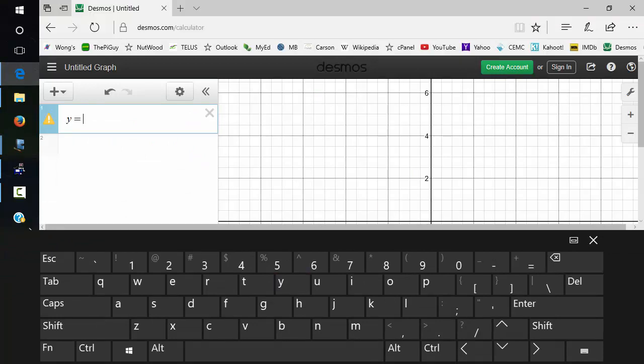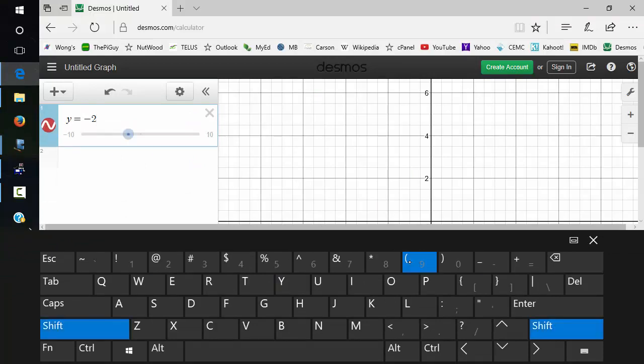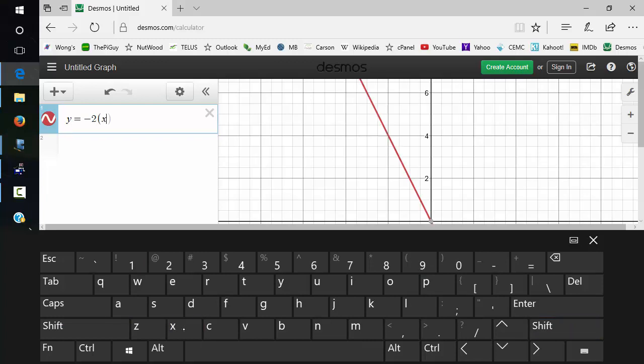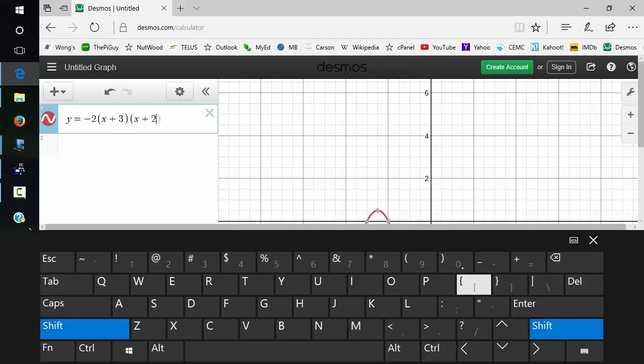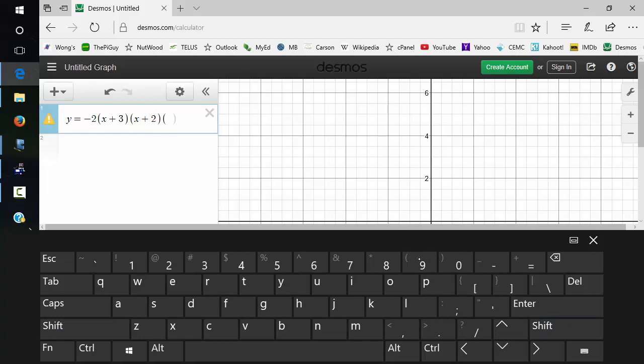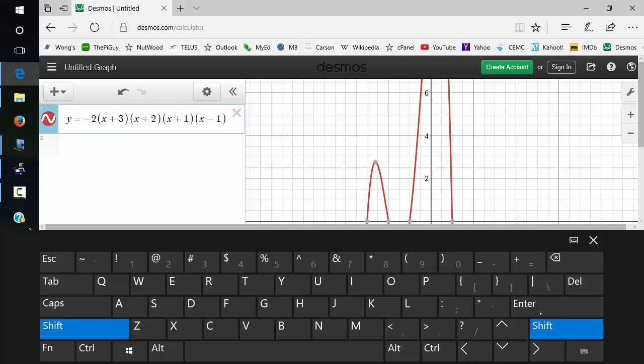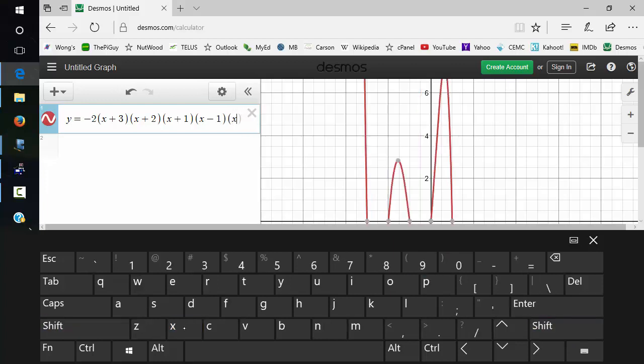Y equals -2, x plus 3, x plus 2, x plus 1, x minus 1, and x minus 2.